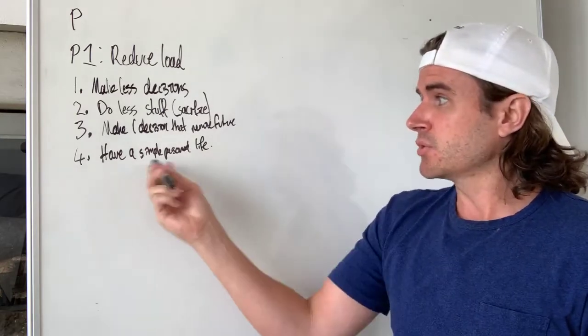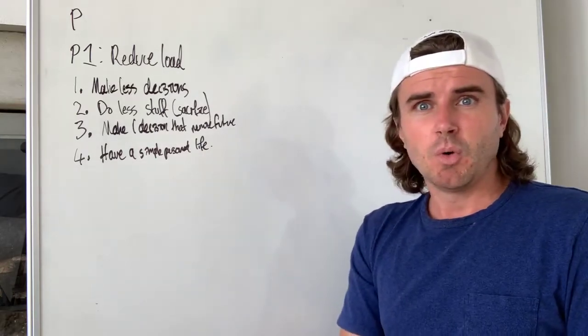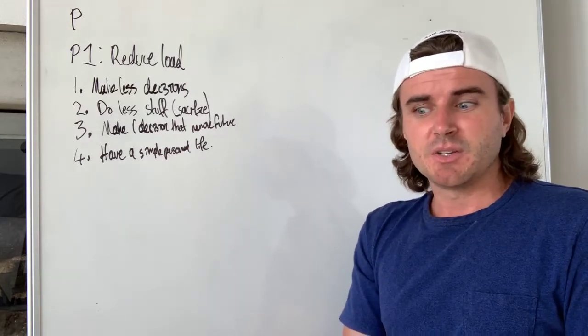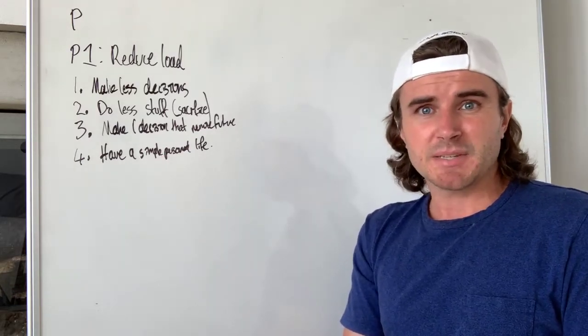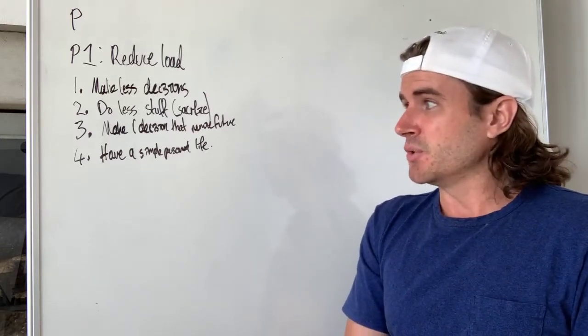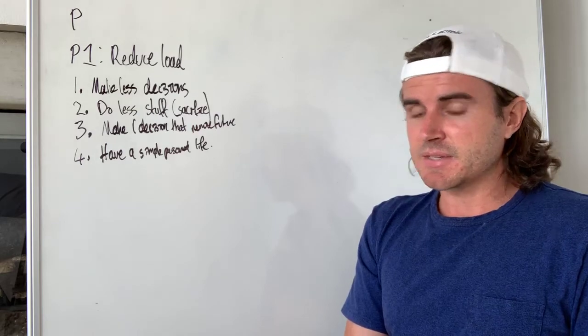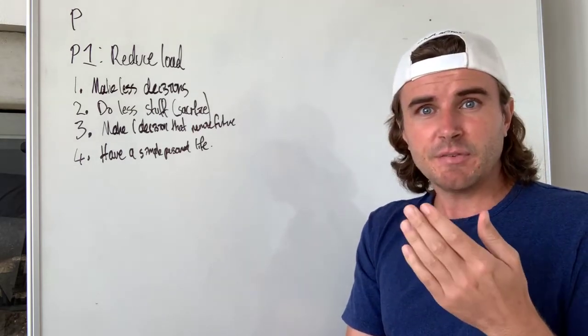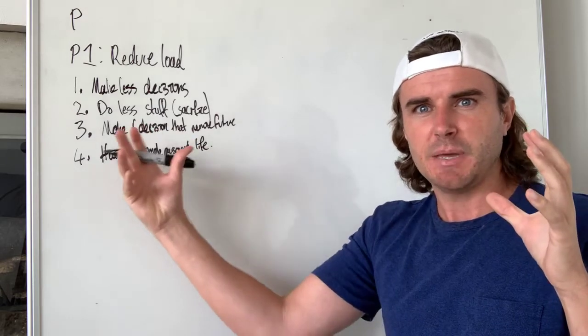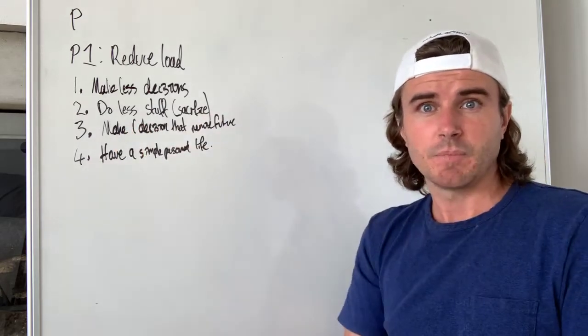So how do you have a simple personal life? Well, I see so many business people and entrepreneurs get burned basically the same way a lot of professional athletes get burned. They start making some money and then their lifestyle just creeps and grows into this massive hungry beast that then consumes them, right?